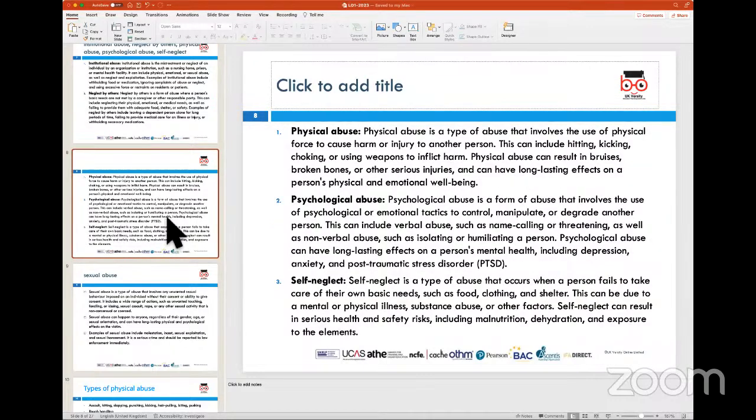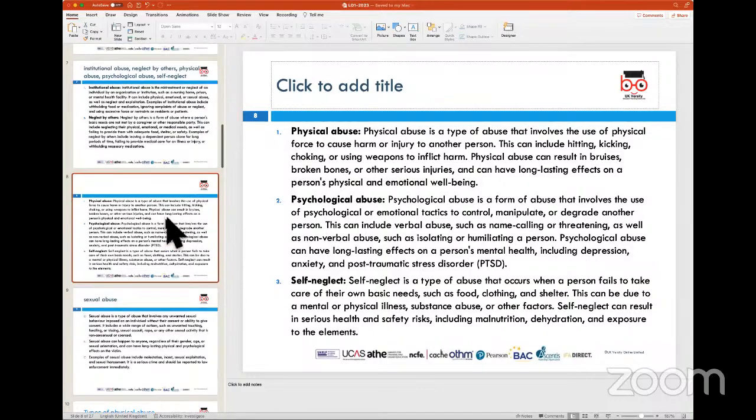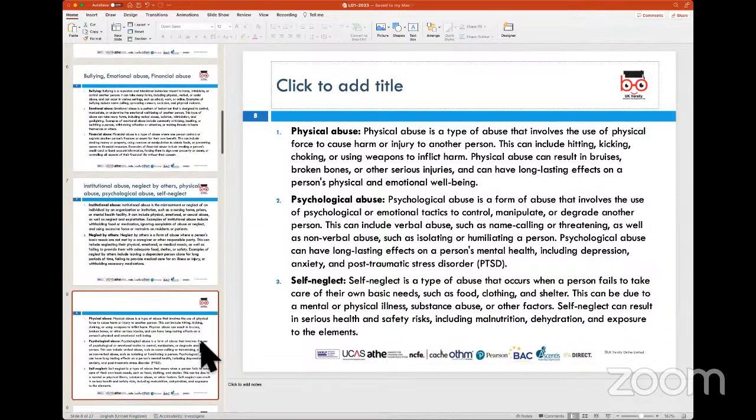We also talk about different types. So here we are looking at physical abuse, psychological abuse, and abuse because of self-neglect. So when we talk about physical abuse, going into a bit more detail, individual slides, we are talking about hitting, kicking, choking, or using weapons to inflict harm.